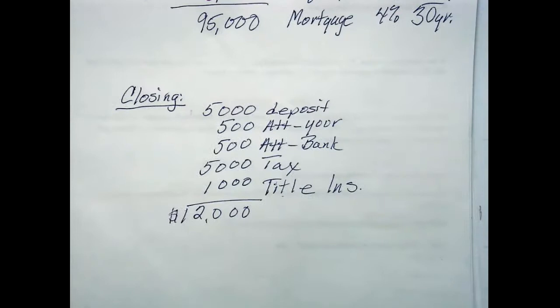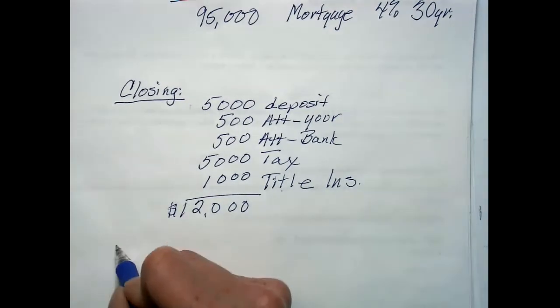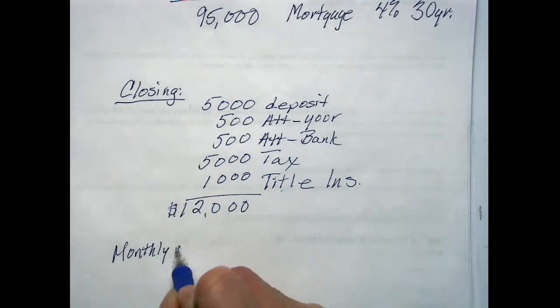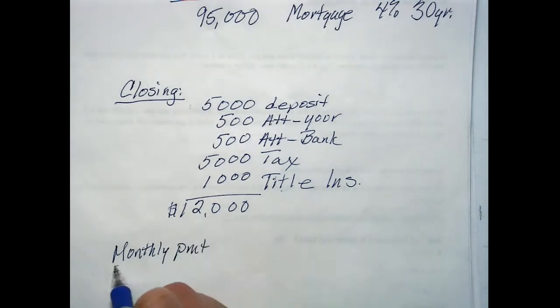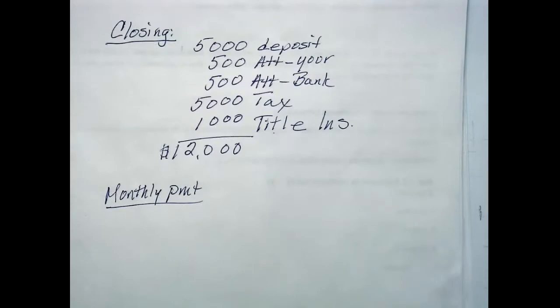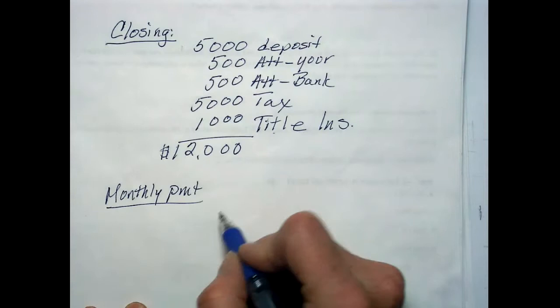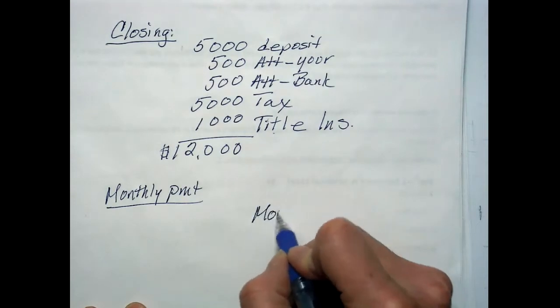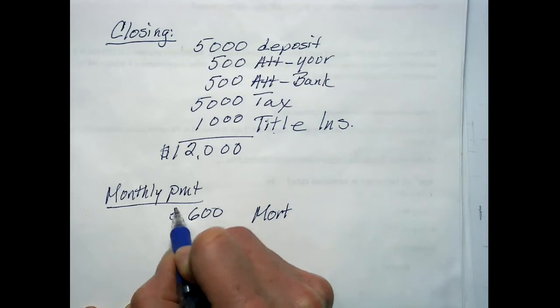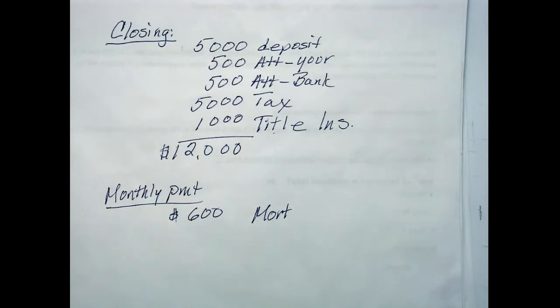Let's talk about your monthly payment. And this is what we're going to talk a lot about in QBA. Let's, for example, say you find out your mortgage payment is about $600 a month for 30 years. You also have other costs.